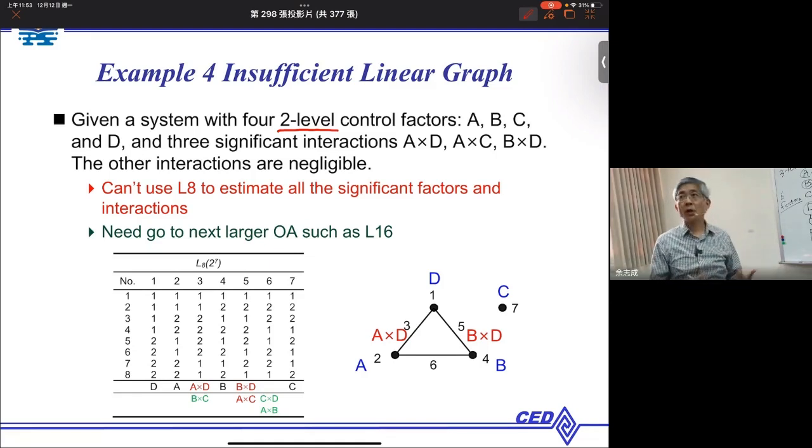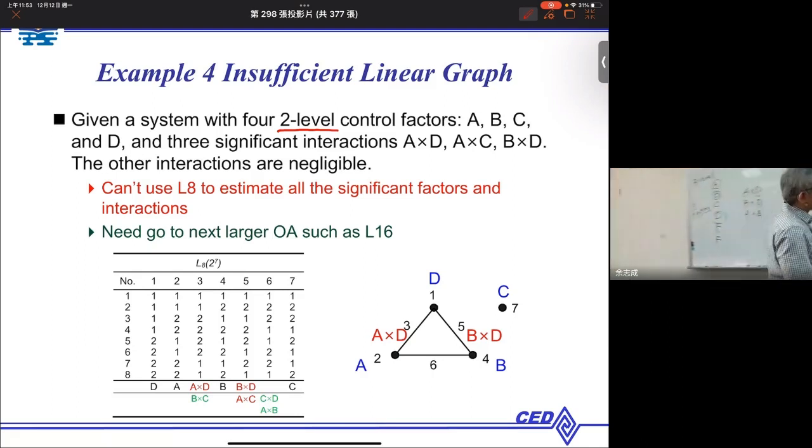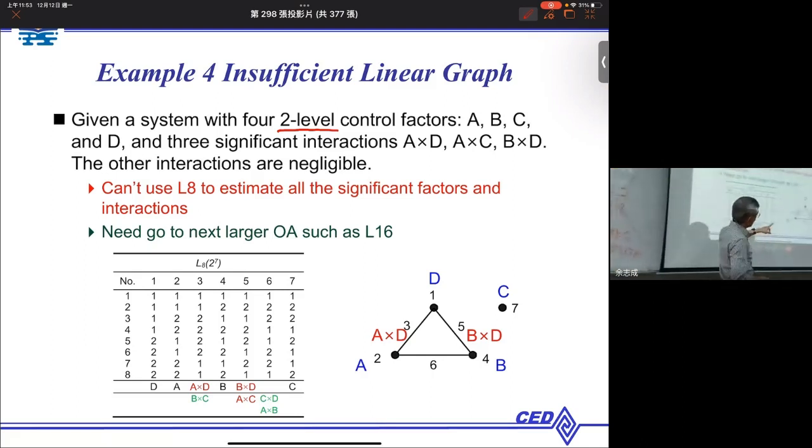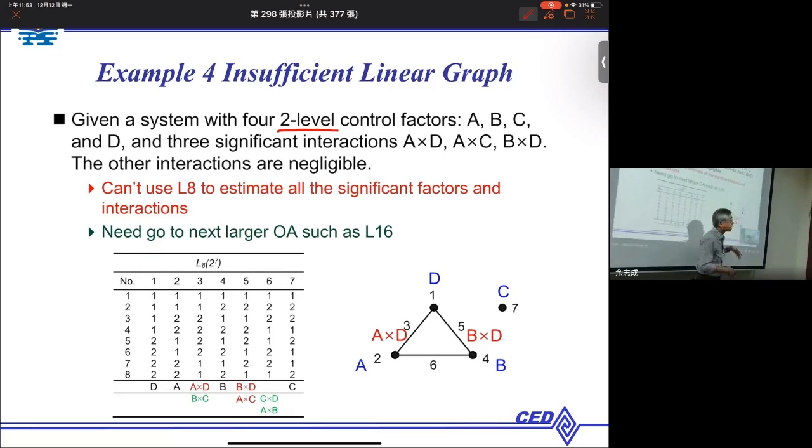Let's start from L8 and try to assign that. Although in L8, the linear graph has 4 dots, 3 lines.